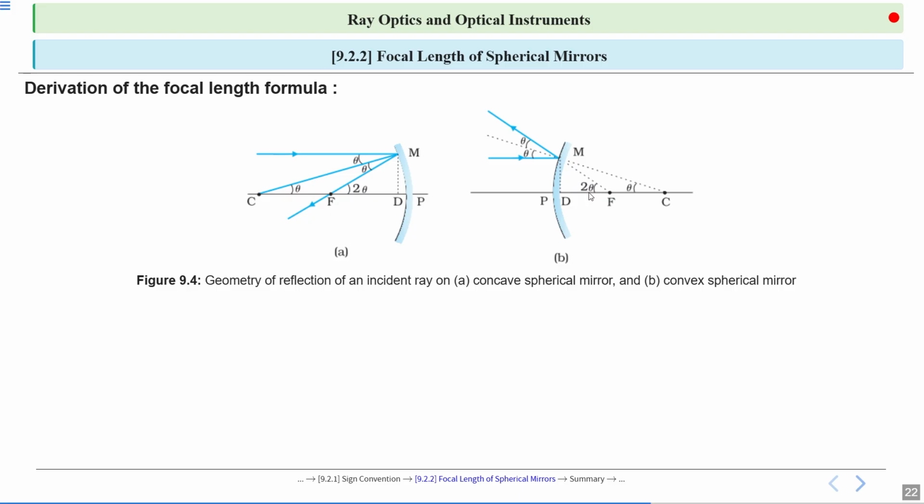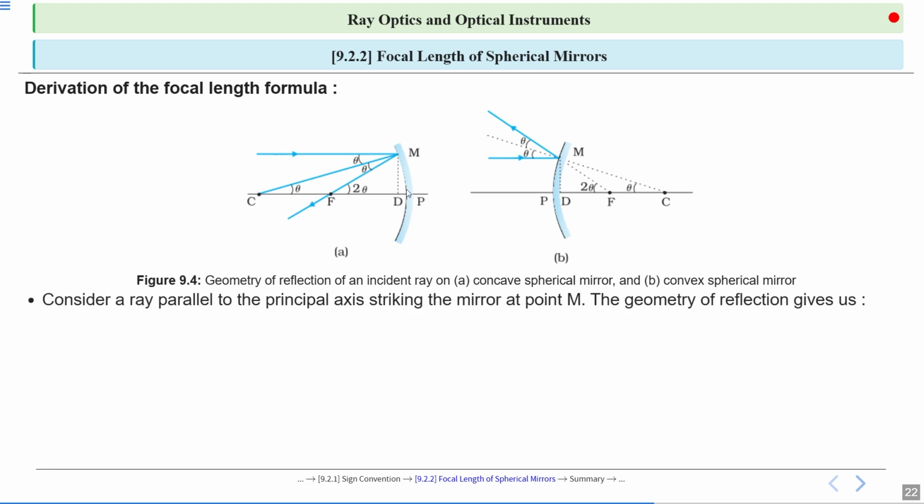Why 2 theta? Because this whole angle is theta plus theta. This line is meeting here, and this line is parallel to this line. So this is 2 theta. Similarly, these are internal angles, so a Z type of shape is forming. Theta plus theta, 2 theta, and this angle will be 2 theta.